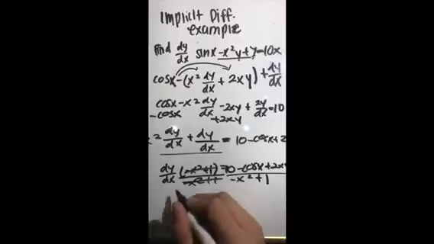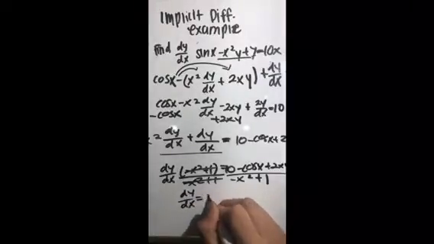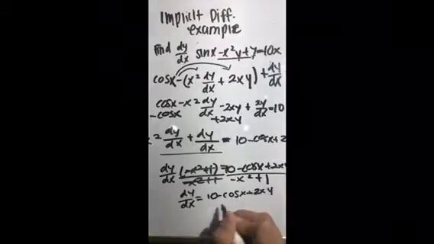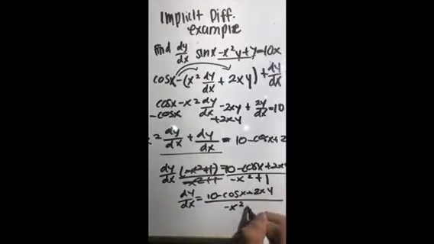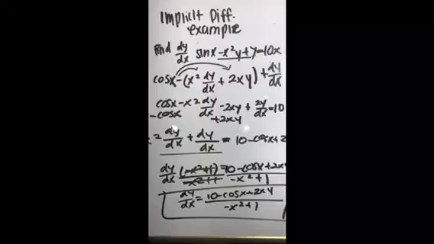So then our final answer for dy/dx would be 10 minus cosine x plus 2xy all over negative x squared plus 1. And that is how you differentiate implicit problems.